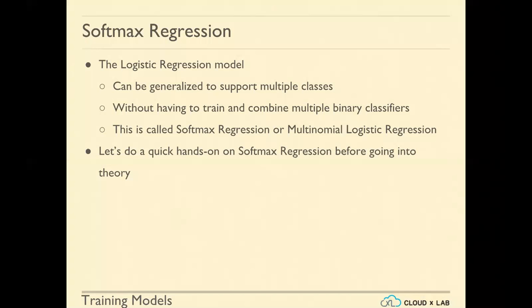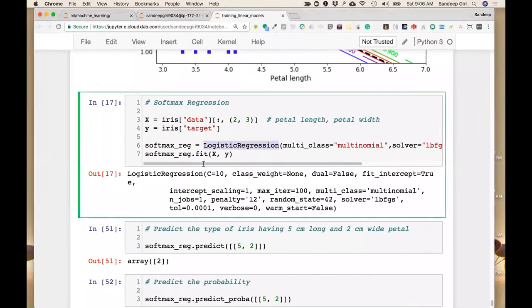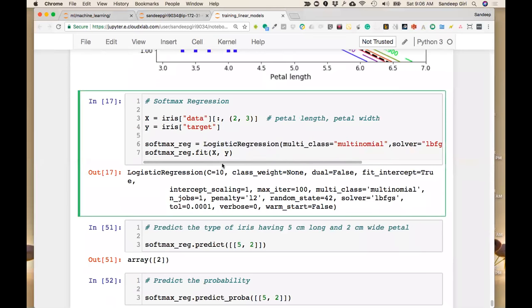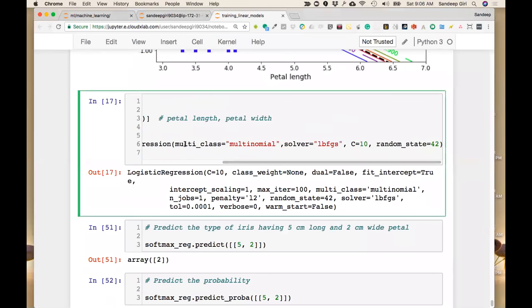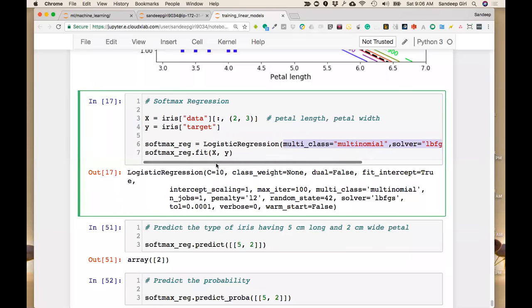Now, the softmax regression is what we're going to do as a hands-on. This is pretty simple, just that we are using multi_class as multinomial, and the solver is this. These are the two changes that we are making.